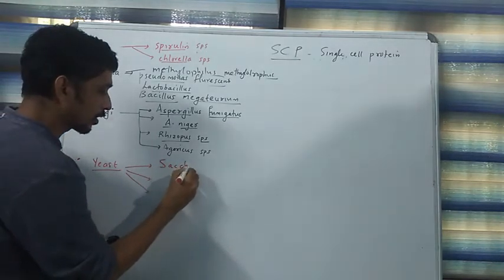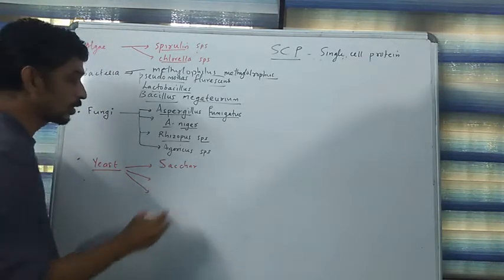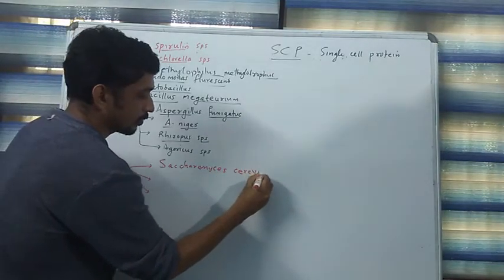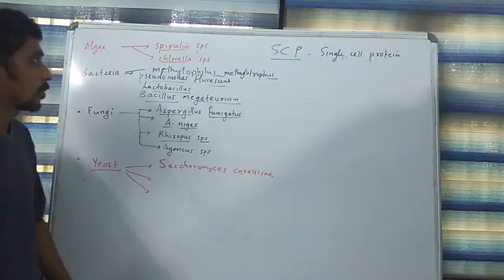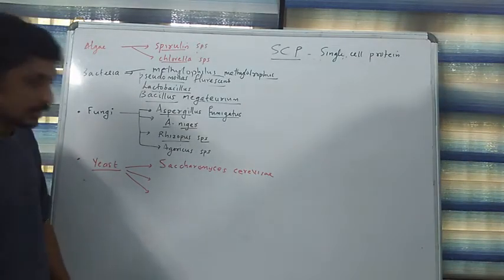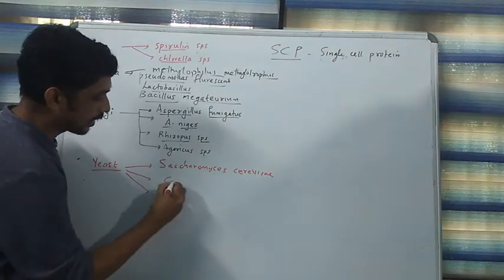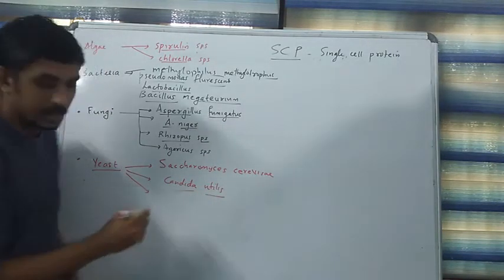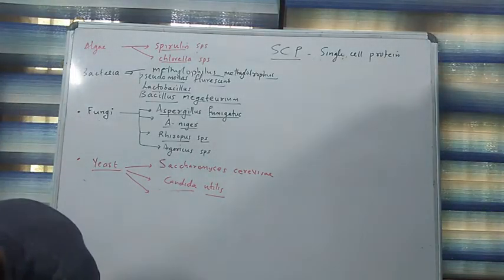They are mainly responsible for converting glucose into ethanol. Saccharomyces cerevisiae can act as a source of single cell protein, and like that, we can see another species, Candida utilis.